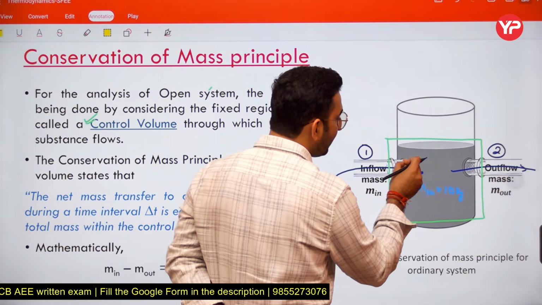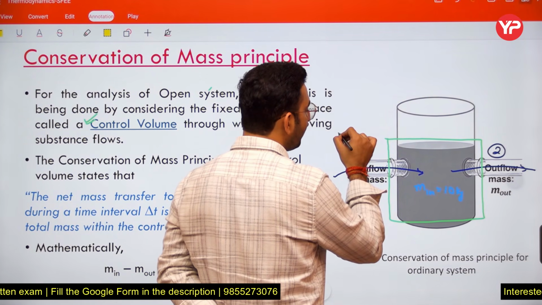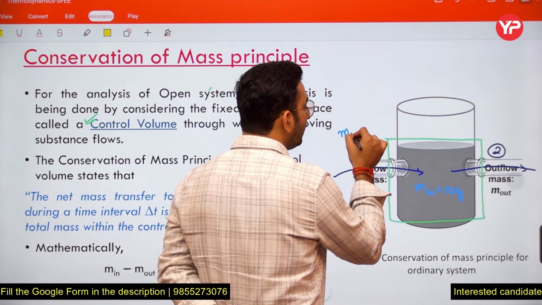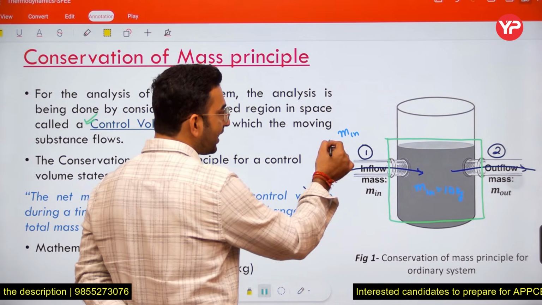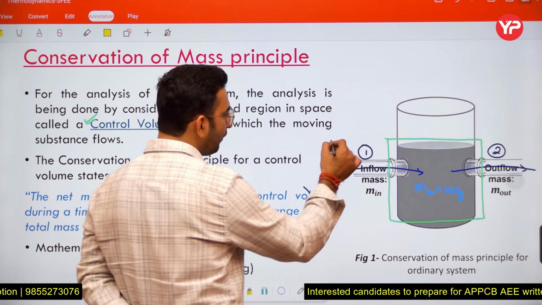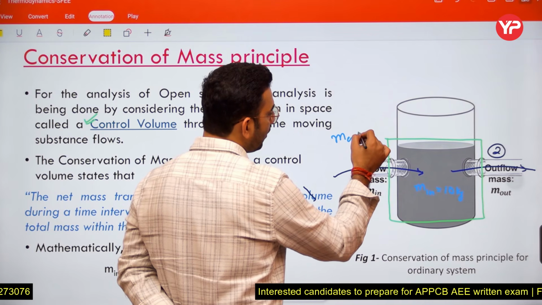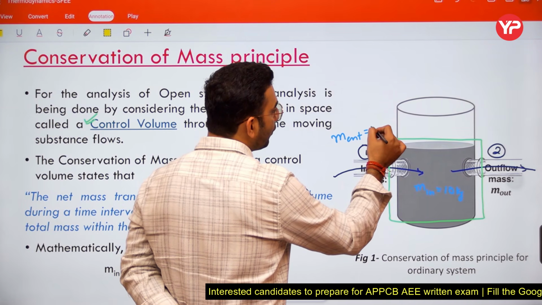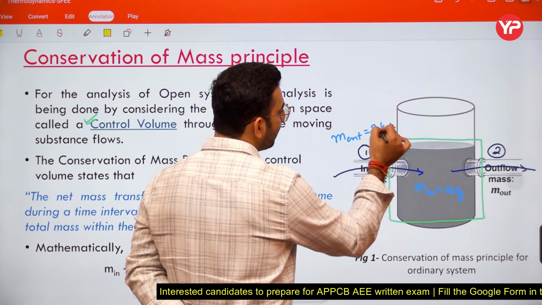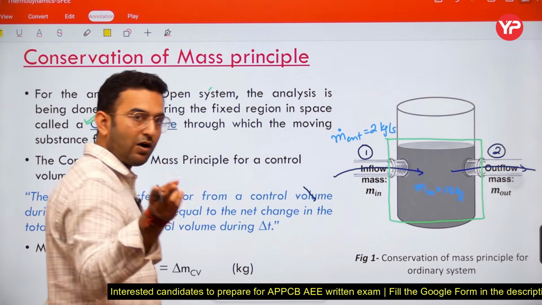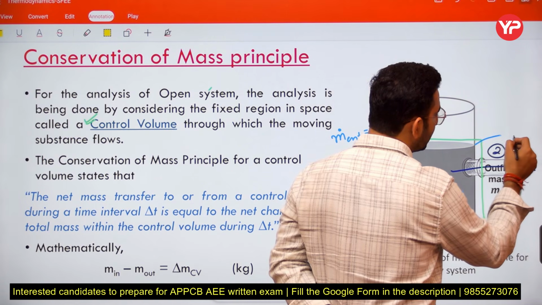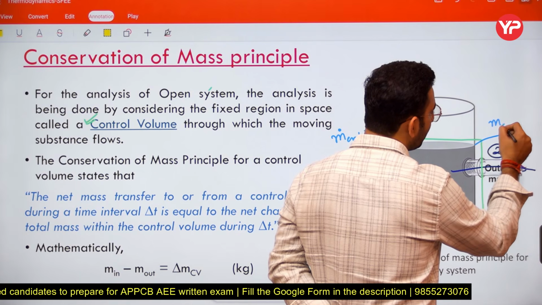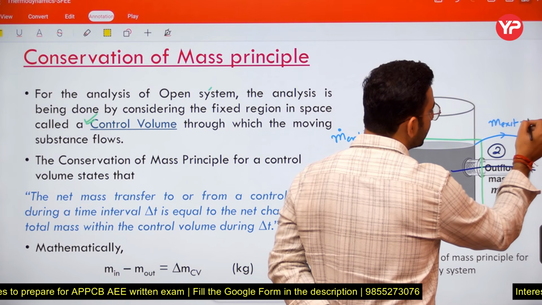Mass is entering the system with a mass flow rate of 2 kg per second. Along with that, mass is exiting the system with a mass flow rate of 1 kg per second.